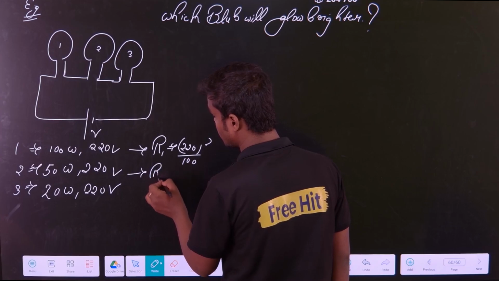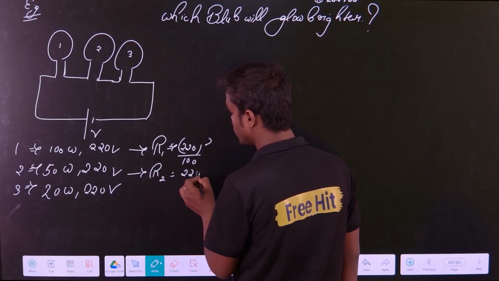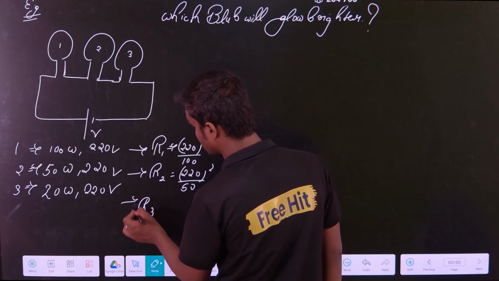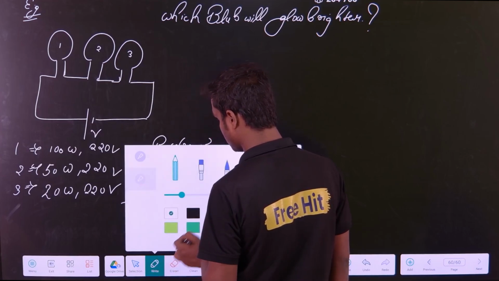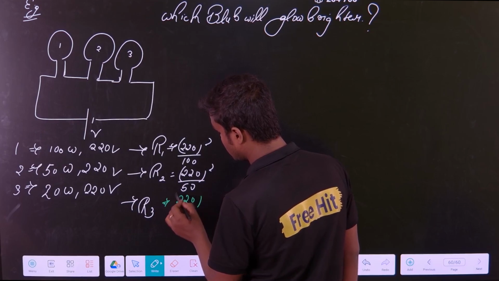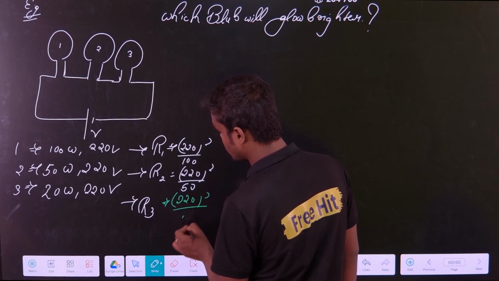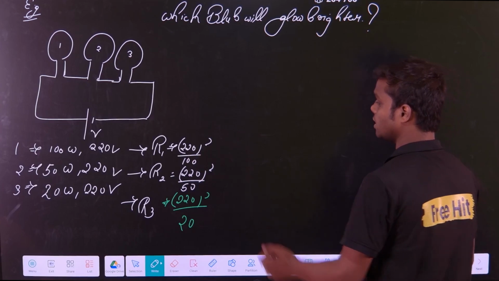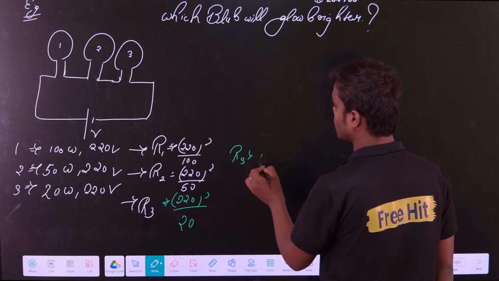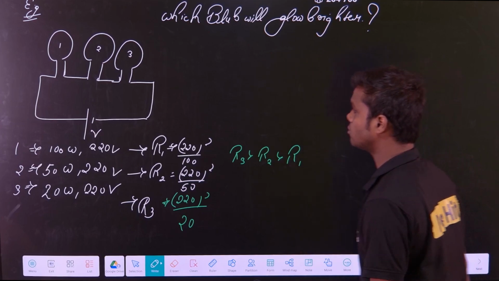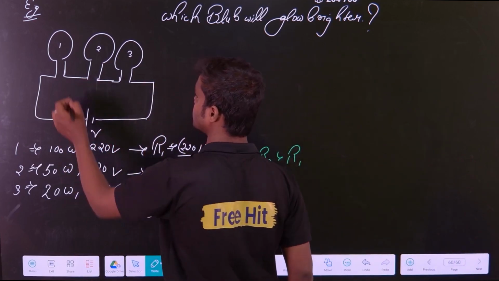What is R2 you will get? 220 volt square divided by 50. What is R3 you will get? 220 volt square by 20. So if you see R1, R2, R3, my R3 is greater than R2, which is greater than R1. And you know in series what is the same?